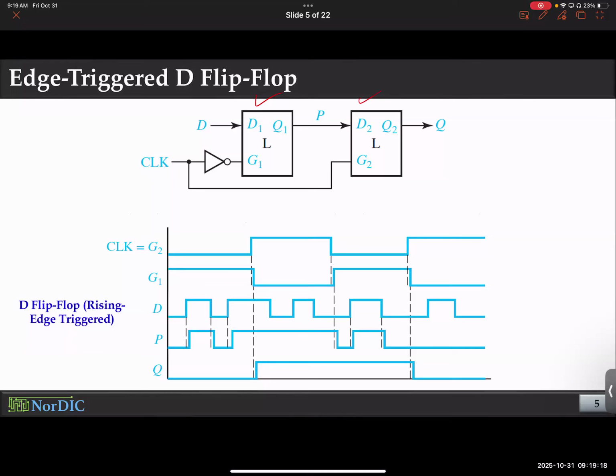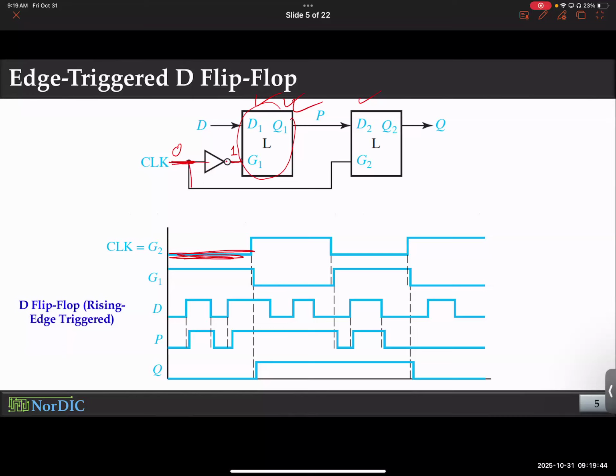Okay. So notice the way it works is when you have a clock signal like this, say 0, imagine, the first latch is triggered by the lower level of clock. You know why? Because notice when you get 0 here at the clock, you have an inverter, so it becomes 1. So your gate becomes activated. So this latch works.